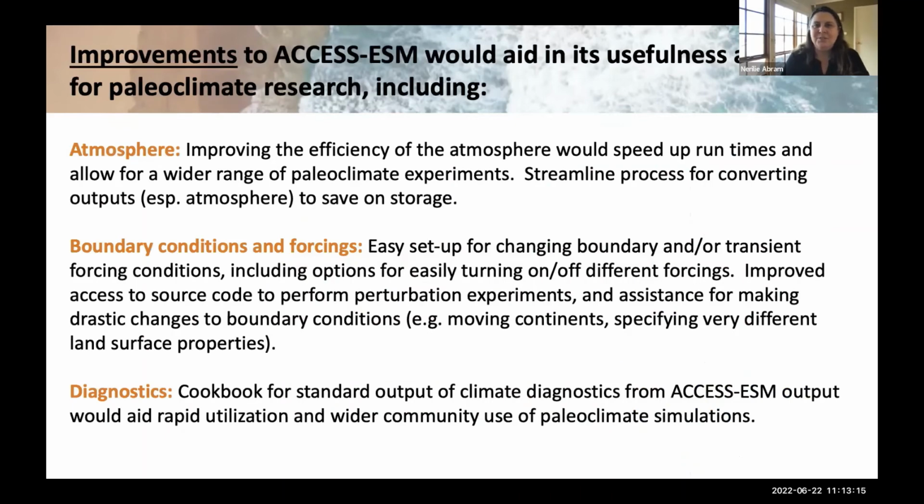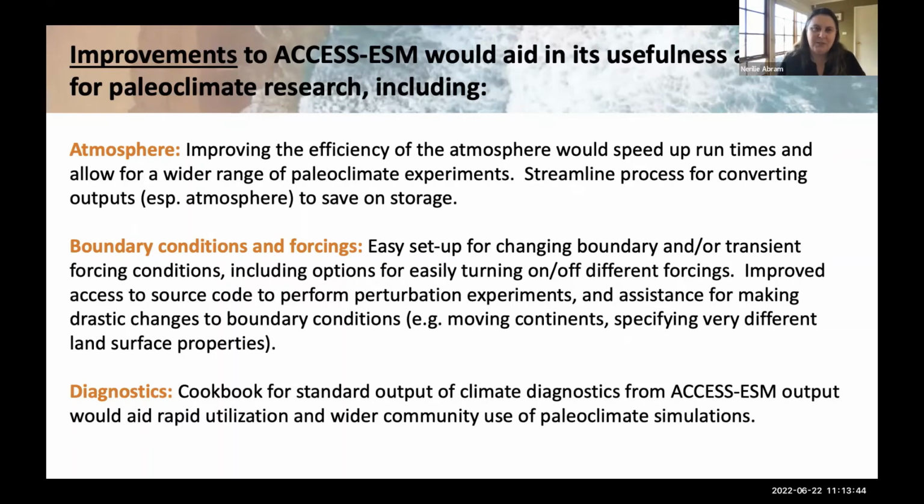So in terms of a wish list for what paleoclimate modelers would like to see to be able to make ACCESS ESM more useful, the number one response from the people that I talked to before this talk was increasing the speed at which ACCESS ESM runs, and increasing the speed seems to come down to improving the efficiency of the atmosphere.